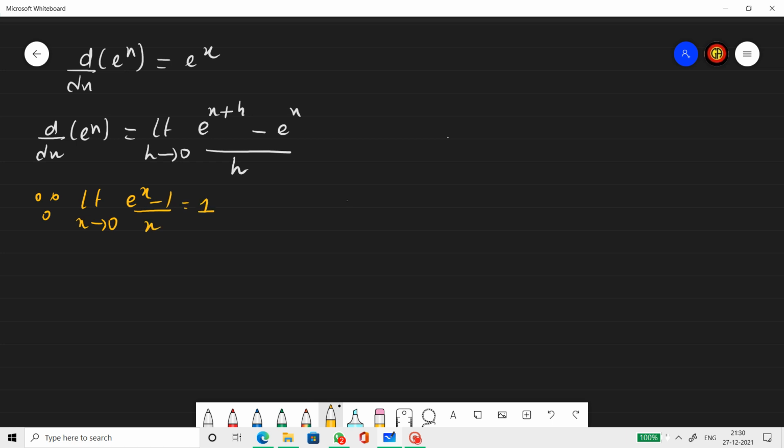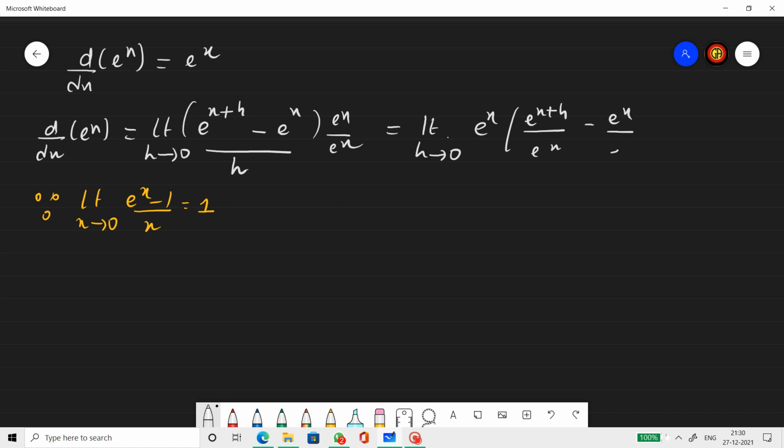Now, I'm going to see whether I can transform this stage to the required standard form. In the numerator, I'm multiplying and dividing by e power x. Now, with limit h tending to 0, the multiplication e power x stays out. The division e power x takes control of every term: minus e power x by e power x, like this, by h.